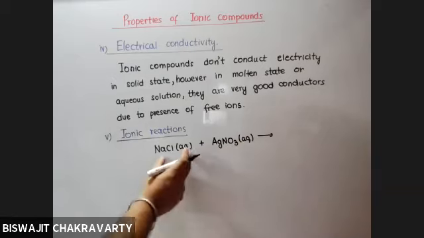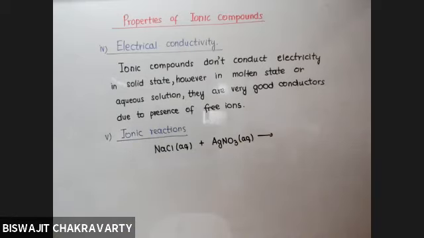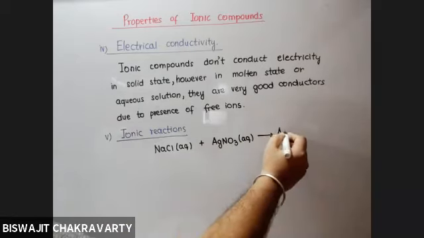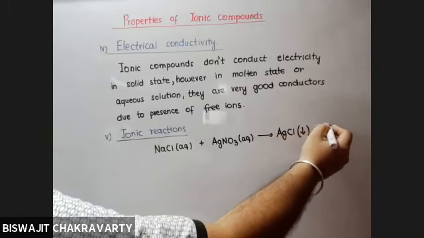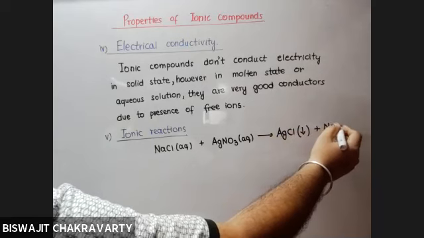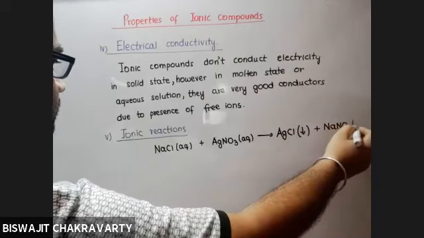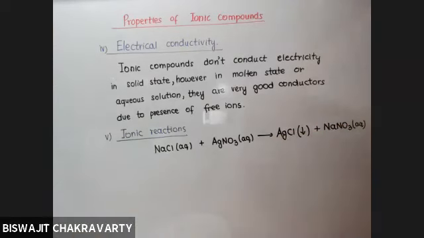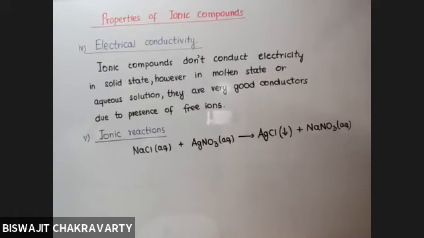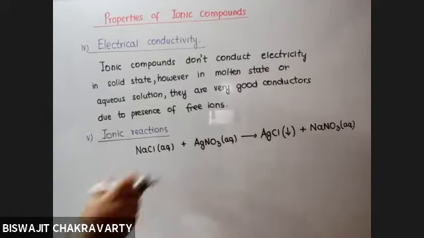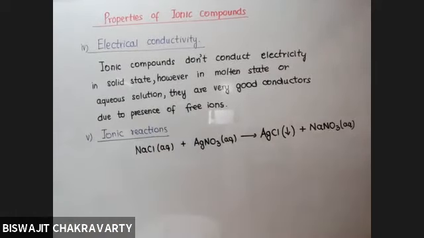The moment you mix them, immediately, within a fraction of a second, you will get a precipitate of AgCl. Which means that ionic reactions are very, very fast and you hardly get any time to study them. Immediately when you mix them, they form the products then and there.